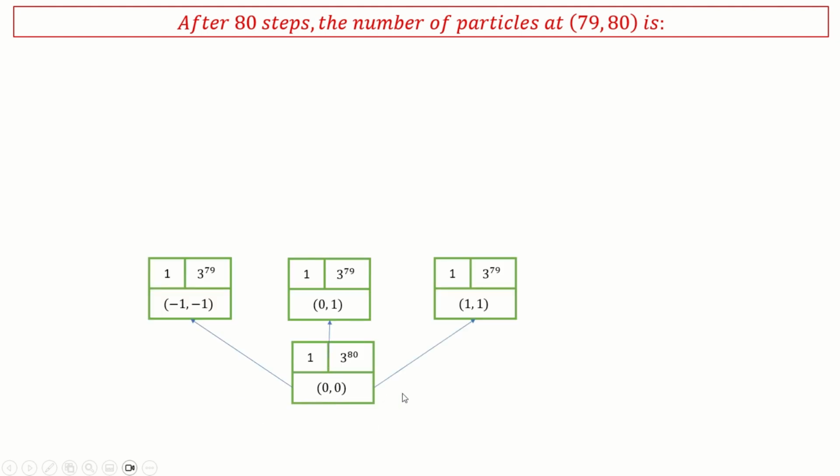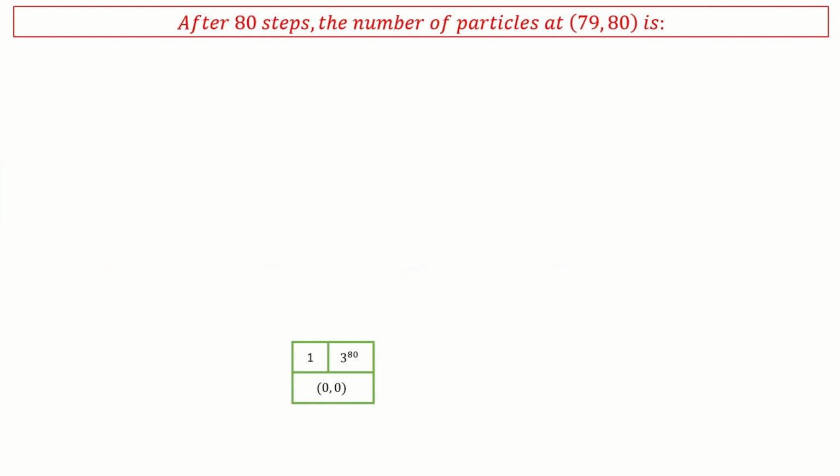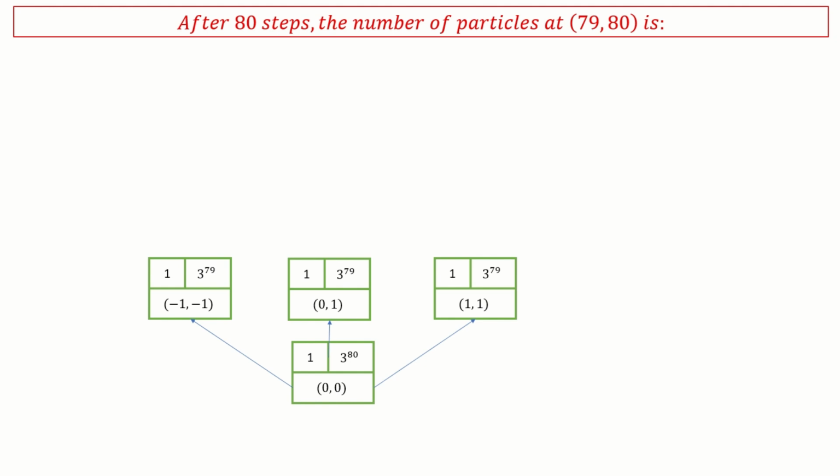At first place you have 0 comma 0, where 3 to the power of 80 particles are there. Now next, they get divided into 3 equal parts into the higher level. So they go to minus 1 comma 1, and so on. Here I am writing which coordinates they are going to, and here I am writing how many particles are there, the count.